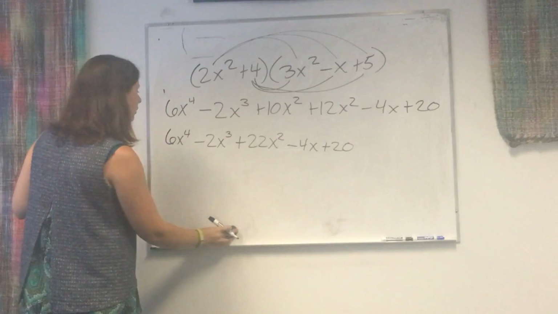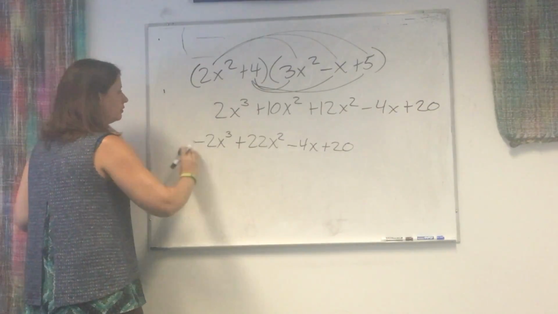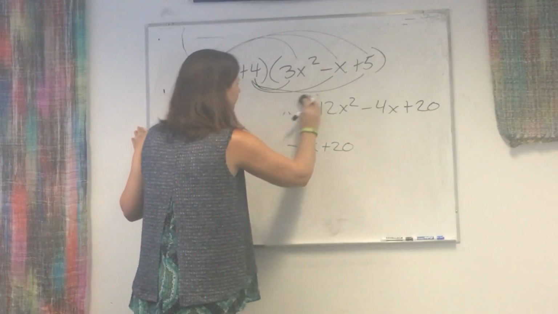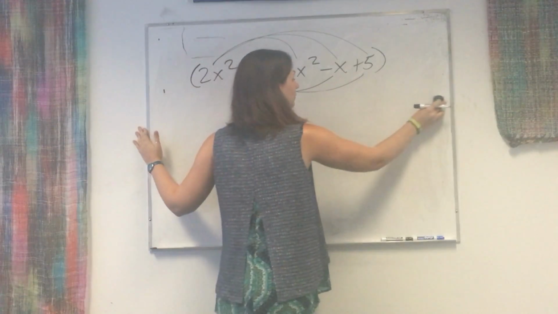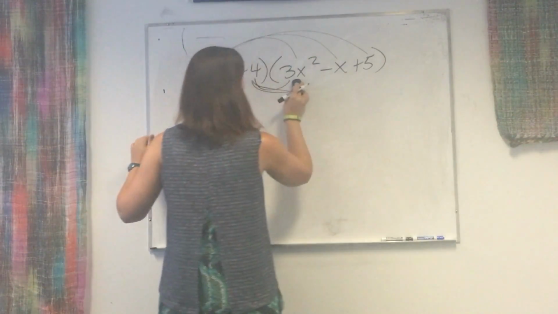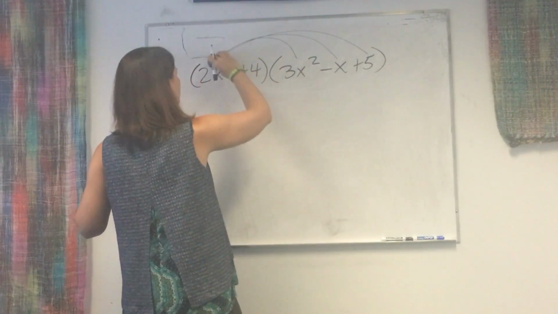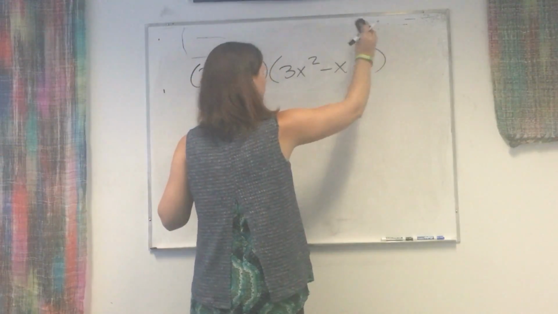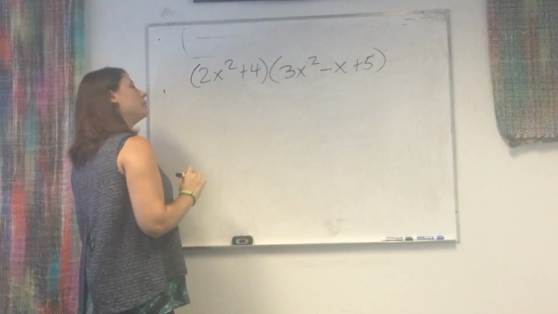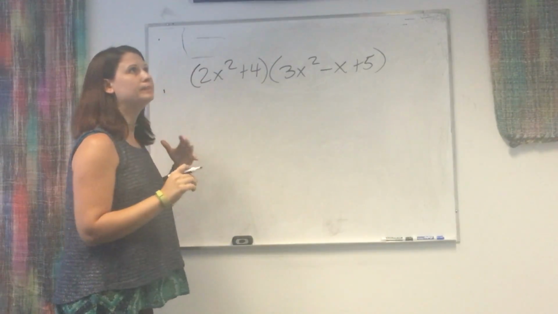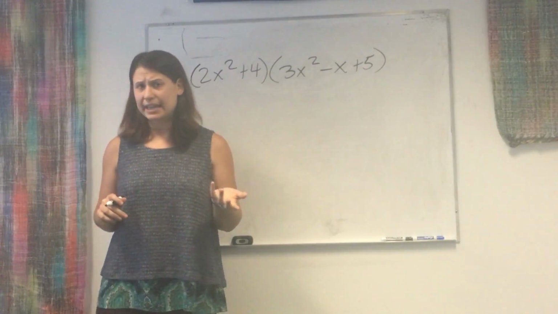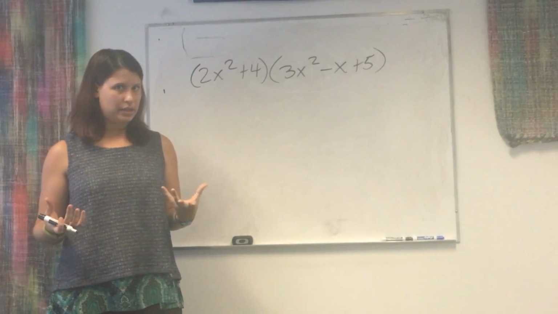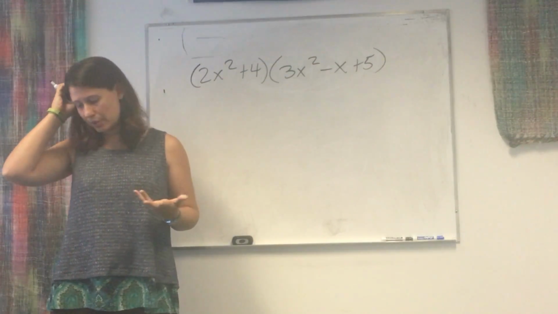Okay, let's do this one other method. Okay, now we're going to write this out, like I said, in the kind of long multiplication method, like we do when we have big numbers.